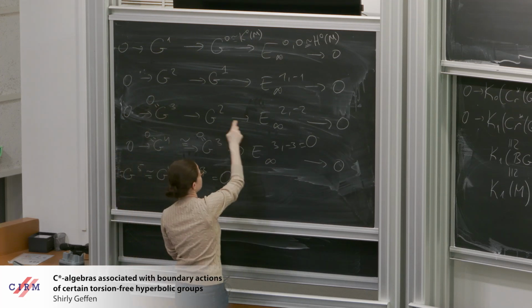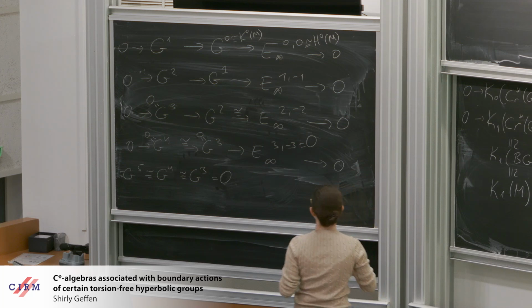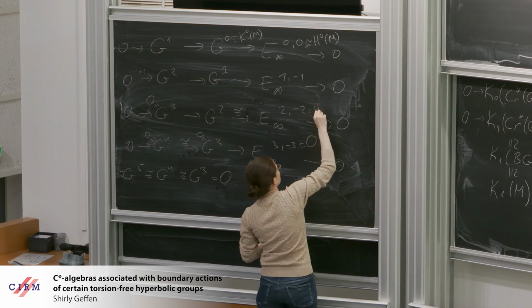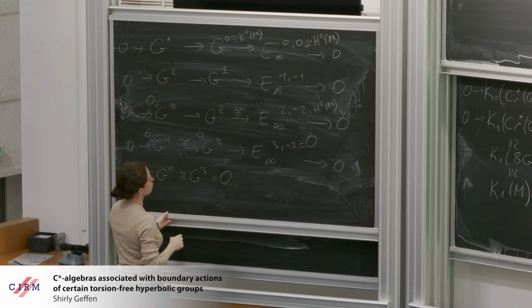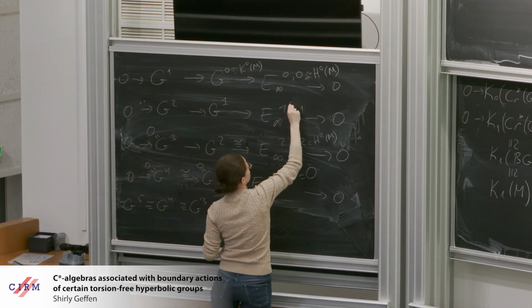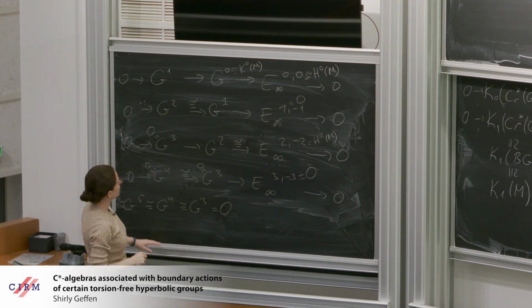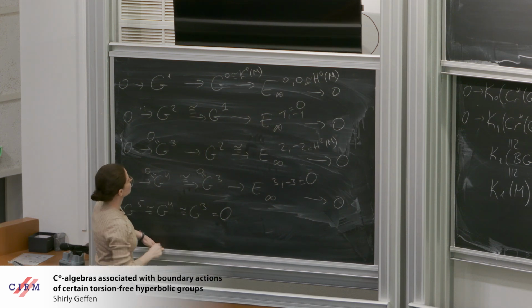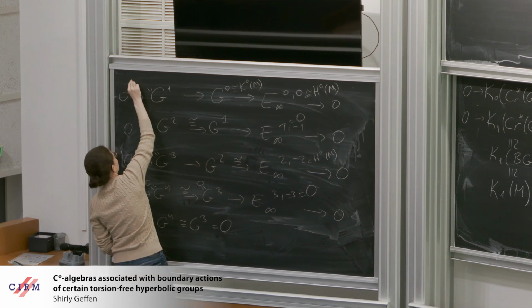This means that G2 is isomorphic to the 2 minus 2 coordinate, namely to H2. And so here it's also 0, and G1 is isomorphic to G2. So G1 is just H2 of M.